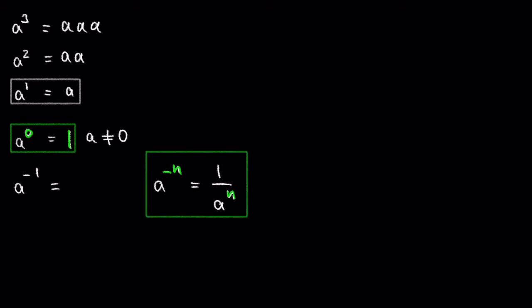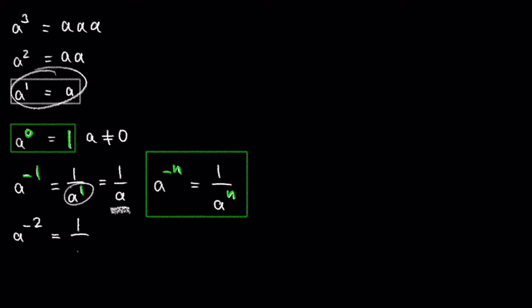So when we go back to our example, a to the -1, this is 1 over a raised to the first power. Remember what we learned before? A to the first power is a. A to the -2nd power is 1 over a raised to the second power.